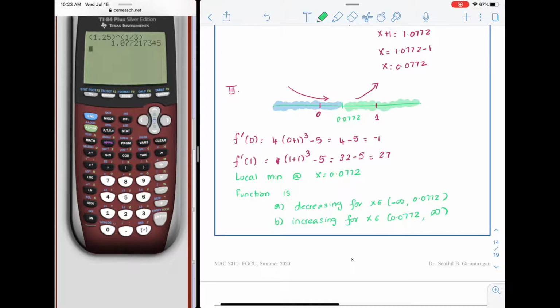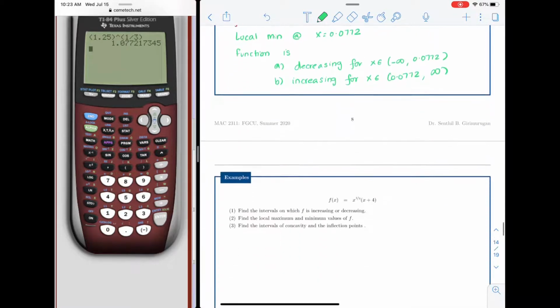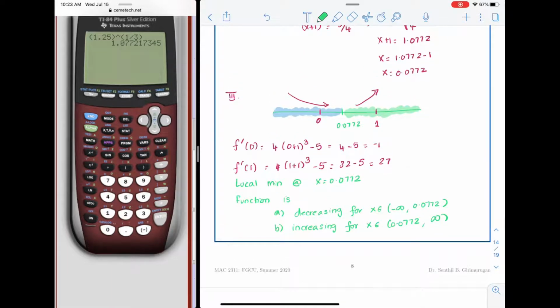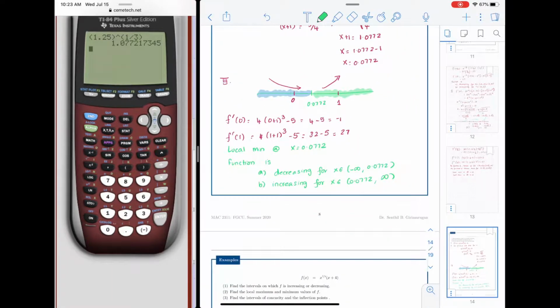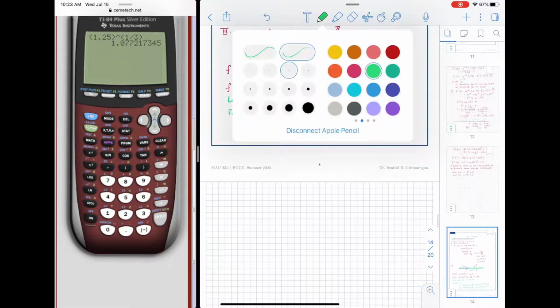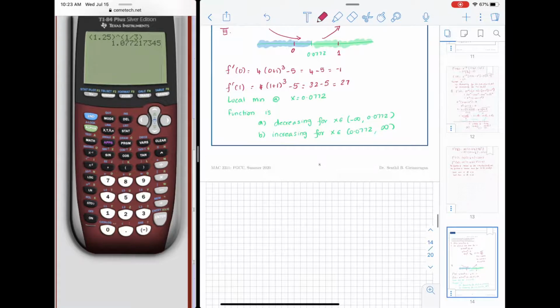Now, here is the fun part. We don't even have to find the second derivative. I actually know that the function is concave up for all values of x. But let's see if we get the same answer using the second derivative. So the first derivative is 4 times x plus 1 cubed minus 5.